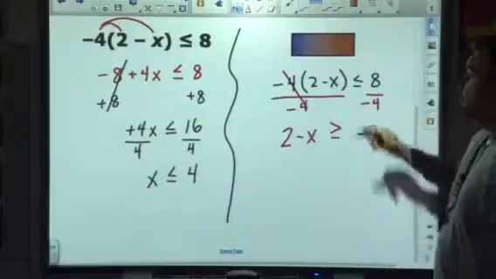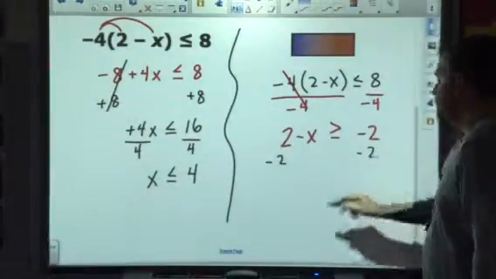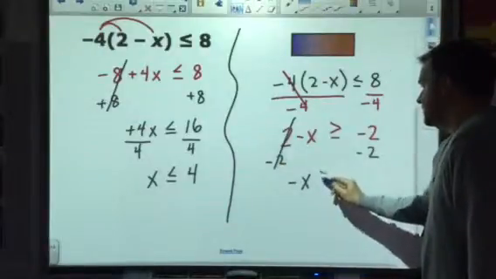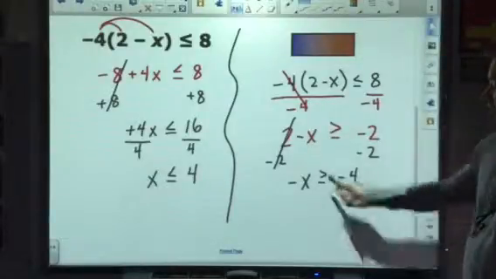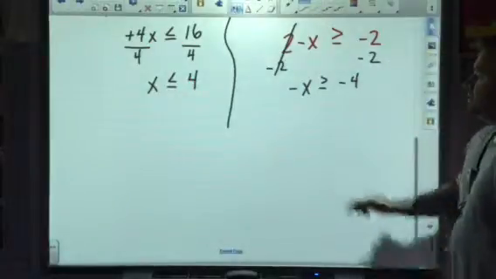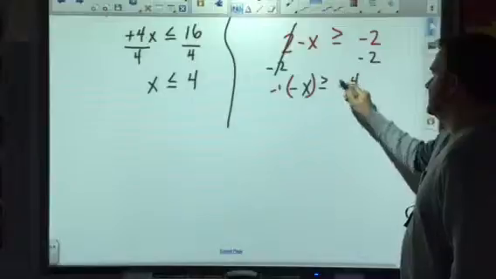Okay, so from here we can say -2, -2, cancel those 2's out. We get -x is greater than or equal to -4. But if you notice, our variable is negative, so we'd have to multiply both sides by -1 to make it positive.